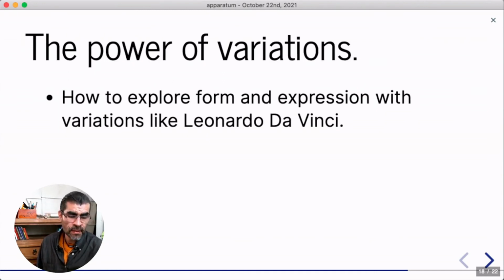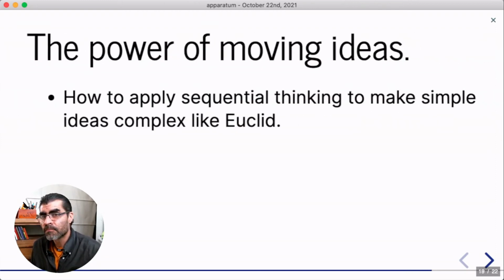We go to the fourth session to look at two other very interesting tools, the power of variations. We see the example of Leonardo da Vinci, the writing of Leonardo da Vinci, not the painting, and we see how he worked with variations in looking for expression, and we can do the same.